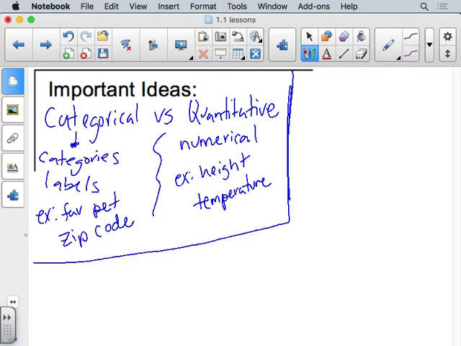Alright, what's something else that I had for our idea? Okay, we had association. An important thing for association is basically, if I know one variable, can it lead me to know another variable about you?